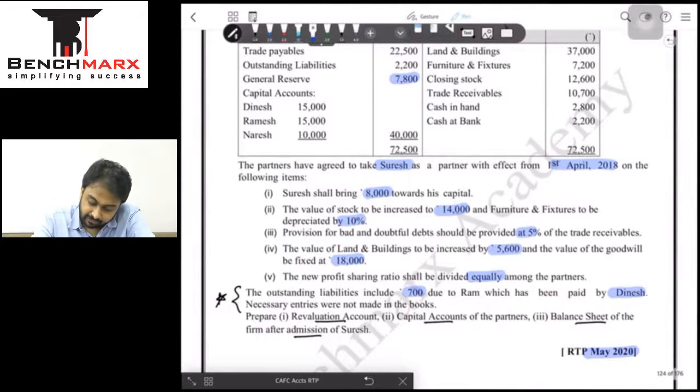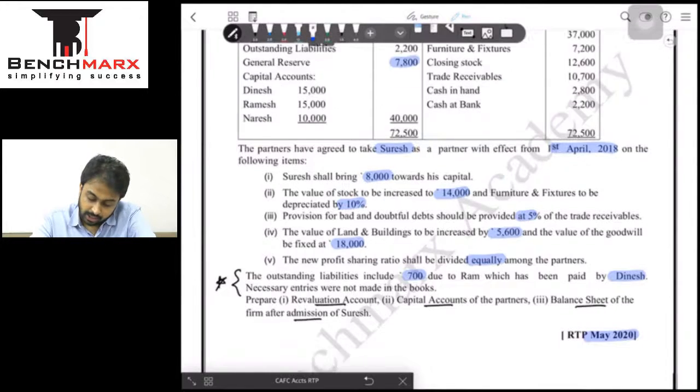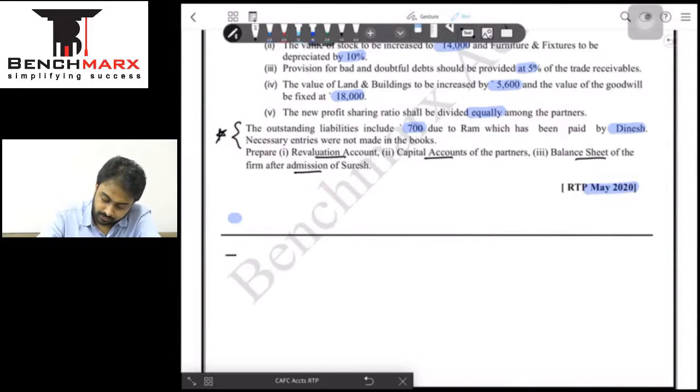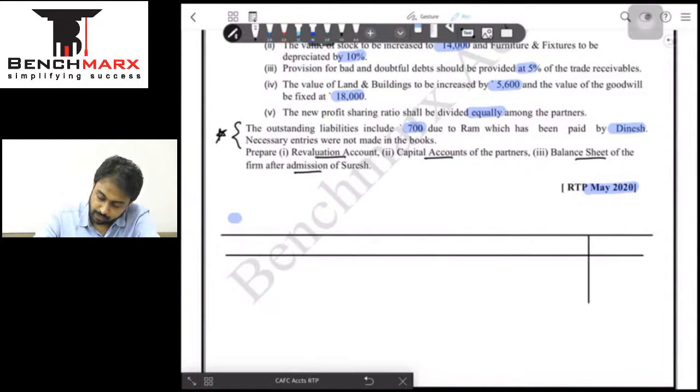Then we have goodwill is 18,000, so I will raise and write off 18,000. So let us have that quick working note as we usually do. Four partners, so 4 columns.